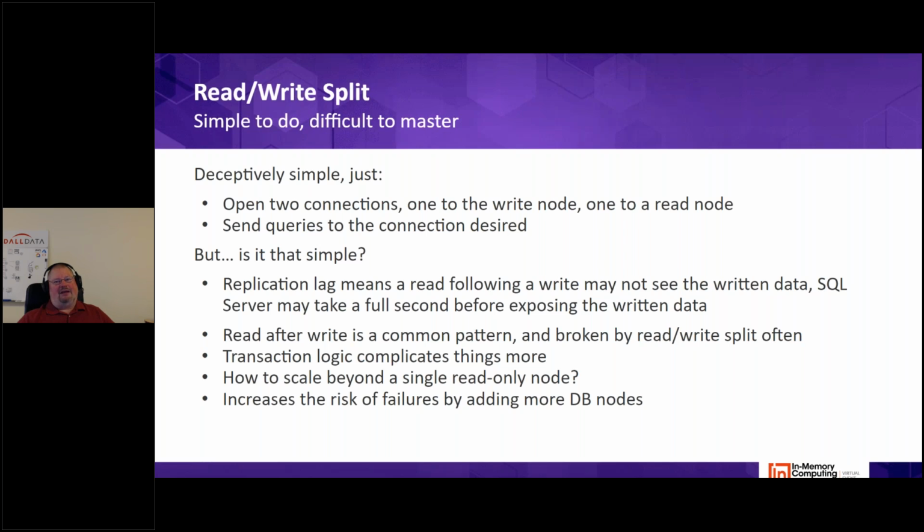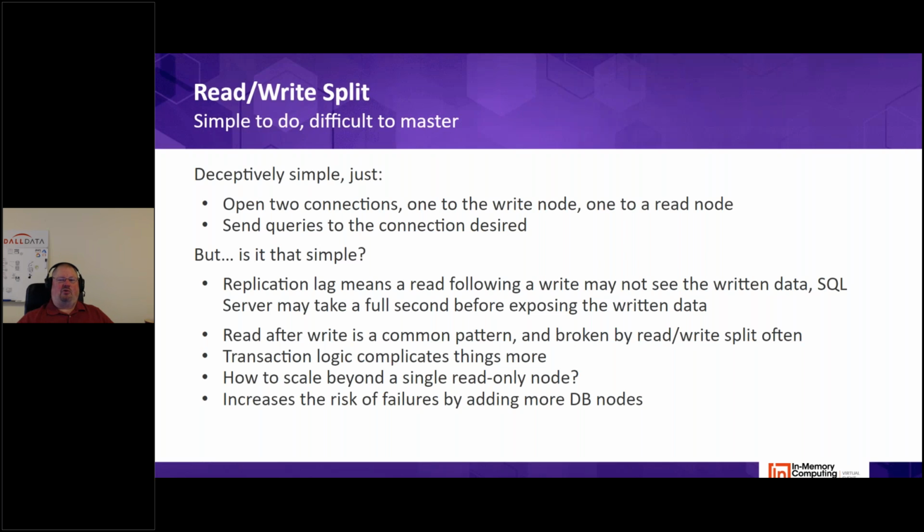When you replicate from a writer to a reader, you would think that setting synchronous replication will guarantee that anything you have written and committed to the writer, an immediate read on the reader will see that change. And the answer is no, it won't.